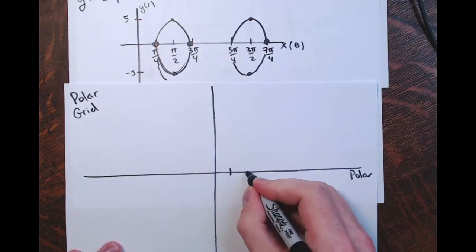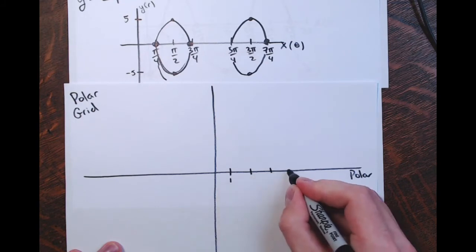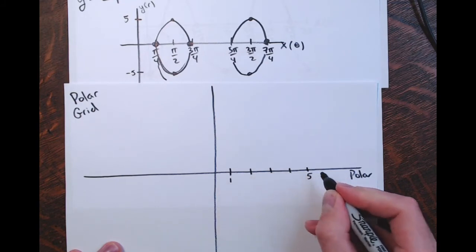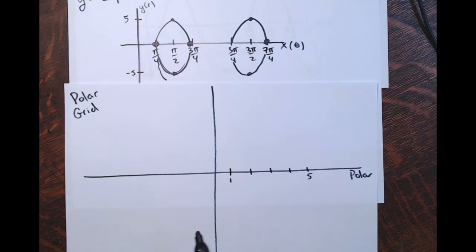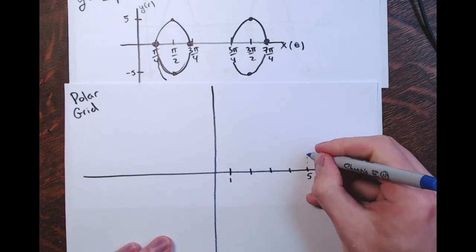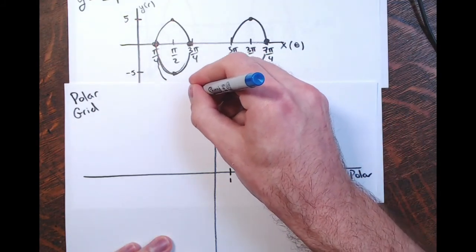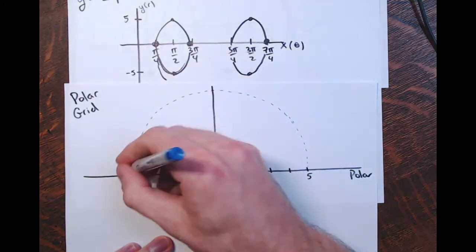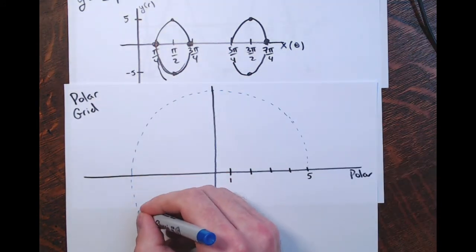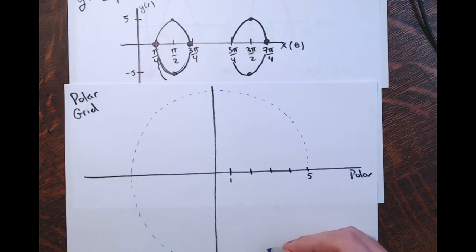So here's r equals 1, 2, 3, 4, 5. And I'll draw this circle with a radius of 5 on here. So there we go. A circle with a radius of 5, doing the best I can. I mean, this isn't going to be perfectly circular, but there's a circle with a radius of 5.